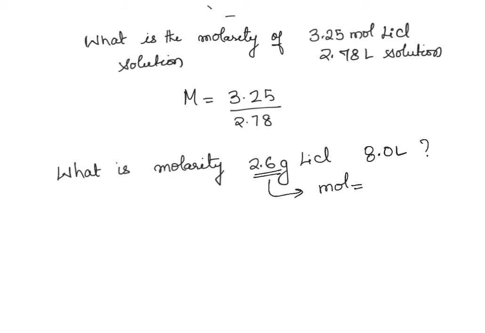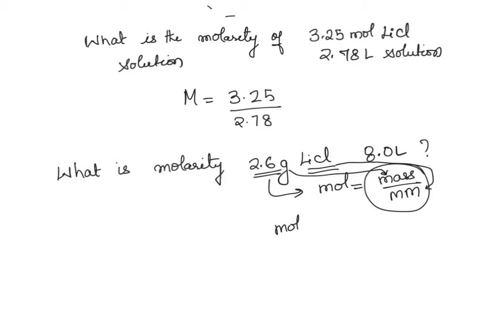Moles is equal to, again, mass over molar mass, and you're going to use the molar mass of lithium chloride and 2.6 here. Find out the moles. Once you get the moles, divide it by 8 liters.